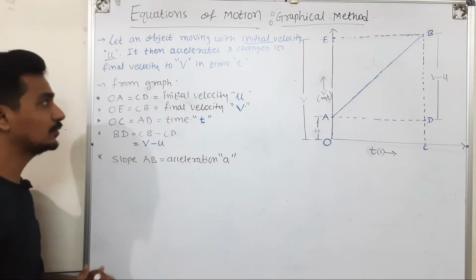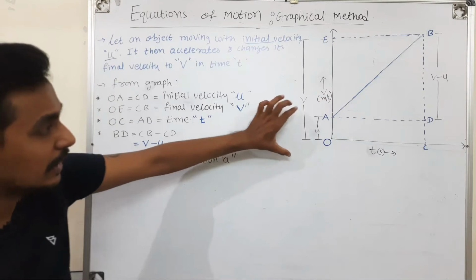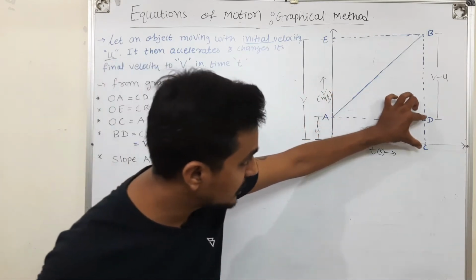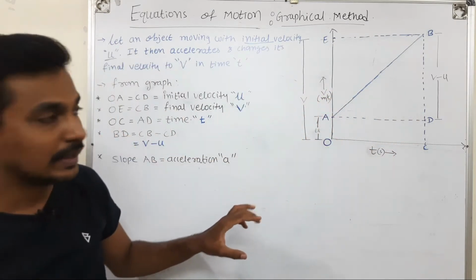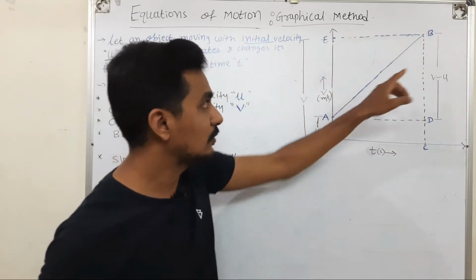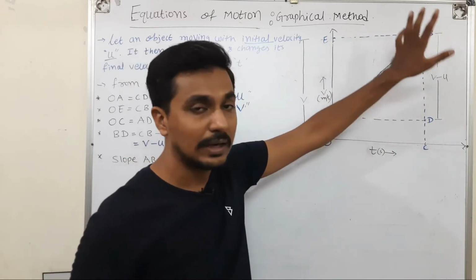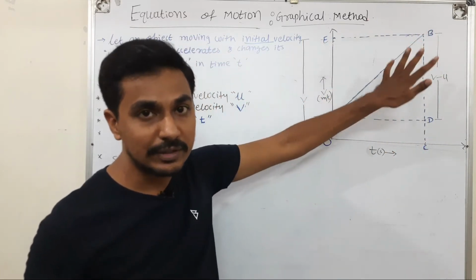So from the graph we have OA, which is the initial velocity, and this is the opposite side of this imaginary rectangle. And how is this formed? See, this is the graph only. In this graph we have just drawn dotted lines. These dotted lines are just to make the derivation simple.